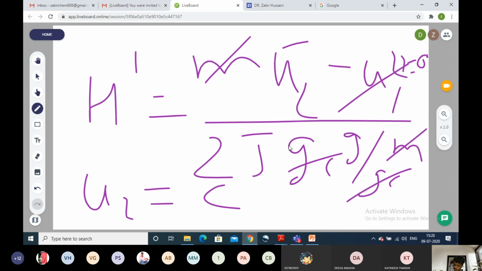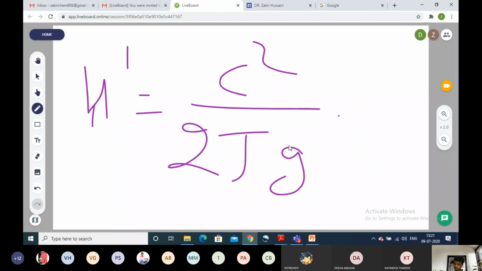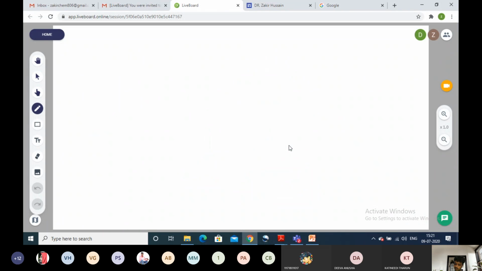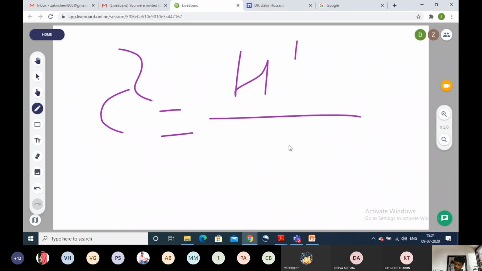You can see this is c, 2j, j is there, and g is there, 2jg. Now from this equation we can write c square is equal to H dash by 2jg. Similarly, what will c look like?